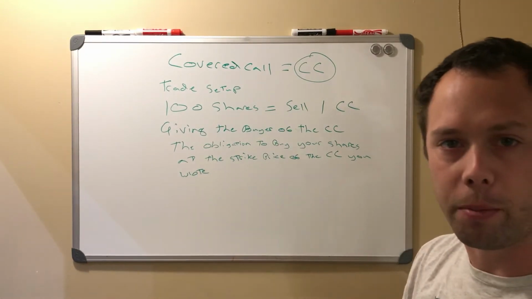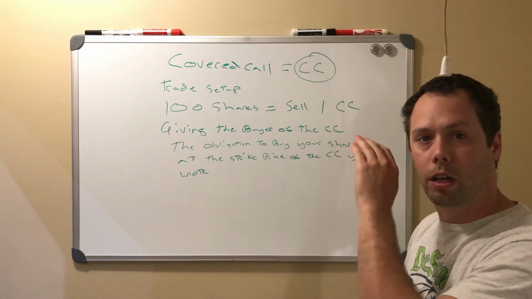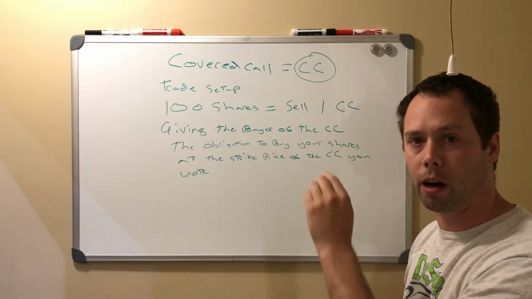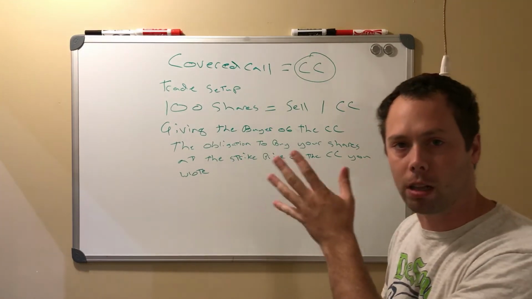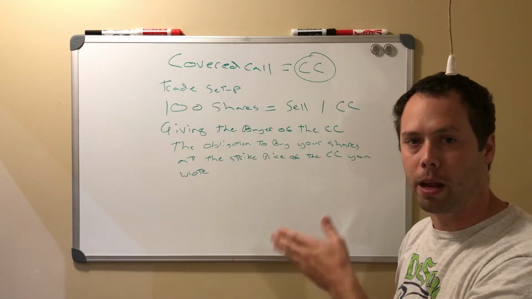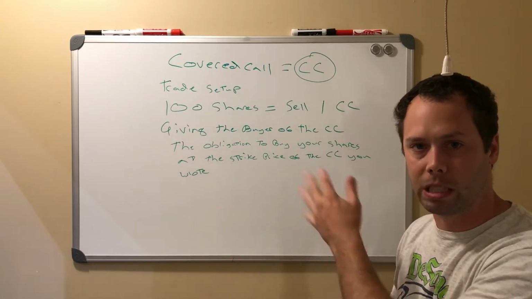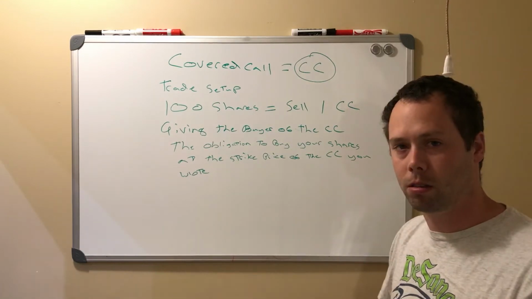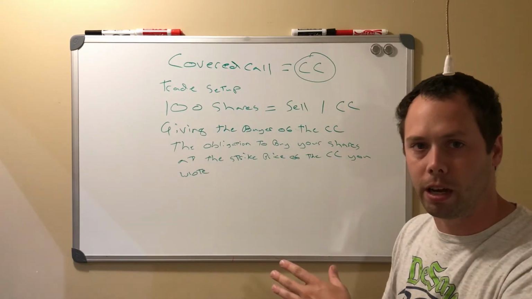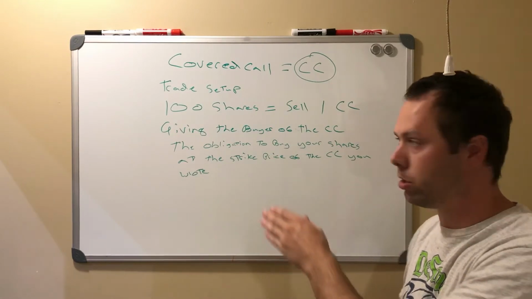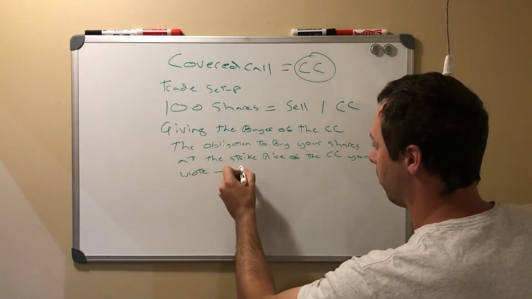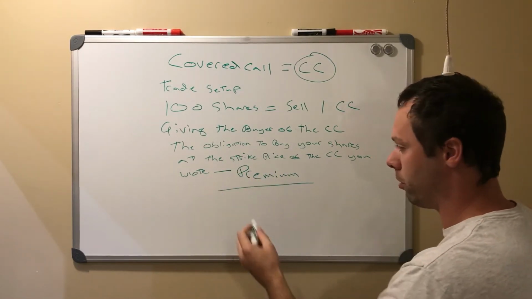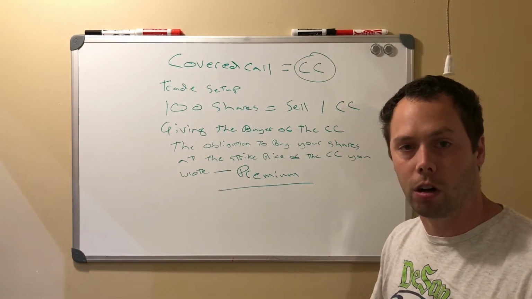And my wording is probably bad, but basically what you're doing is you're saying, I'm going to allow someone to buy my shares at the strike price that I wrote the covered call at.